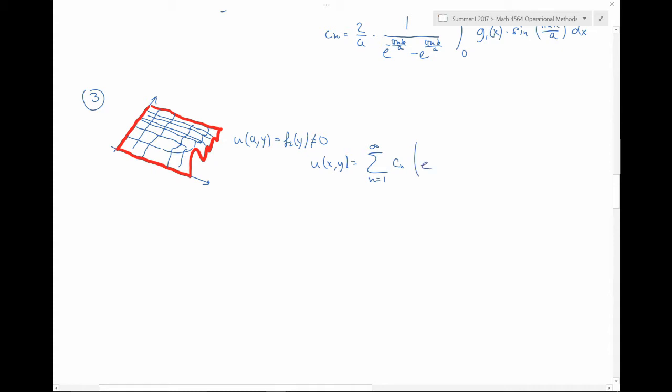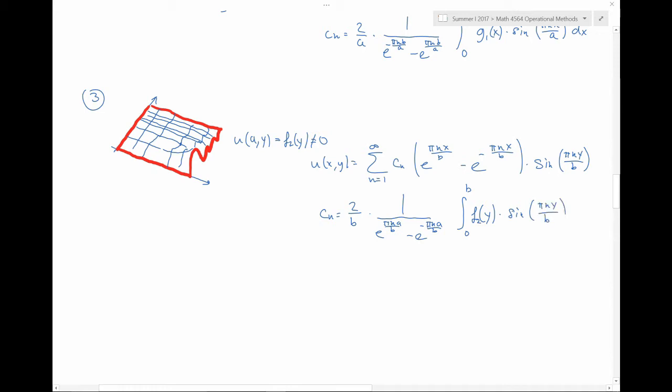Here we're going to have e to the pi n x over b minus e to the minus pi n x over b times sine of pi n y over b, where each coefficient Cn is computed as 2 over b times 1 over the exponential function e to the positive pi n a over b minus e to the minus pi n a over b, the integral from 0 to b of the function f2 of y times sine of pi n y over b dy.